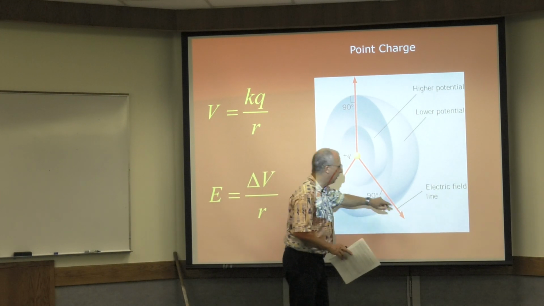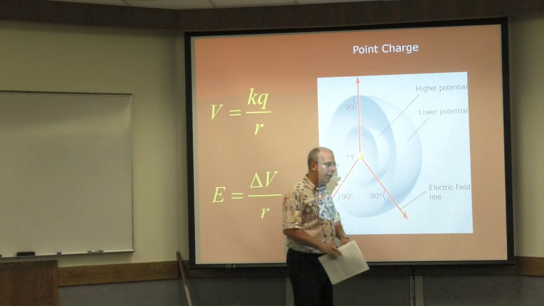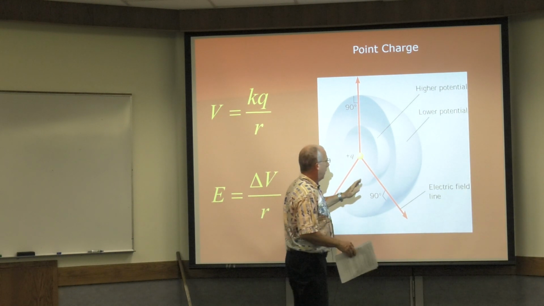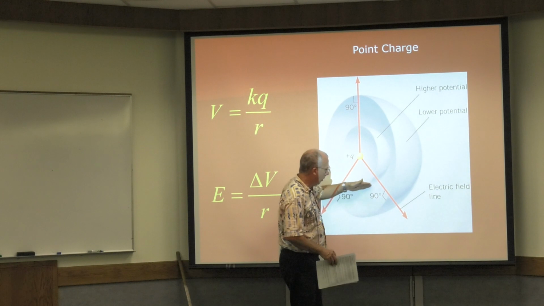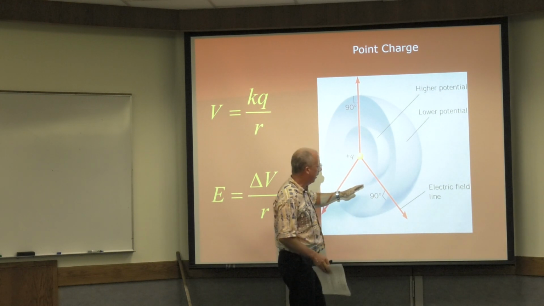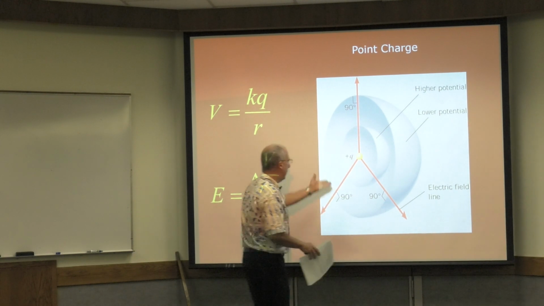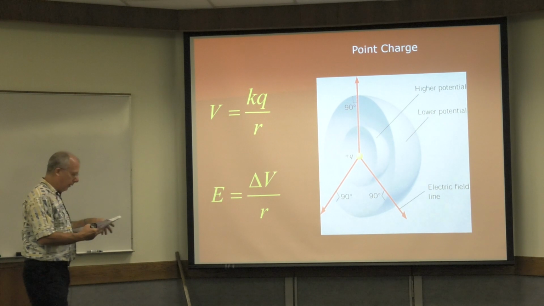Notice that the E field always points from high potential to low potential. So two things that we'll see in lab and talk about later. The E field lines are always perpendicular to the equipotential curves, surfaces, lines, whatever. And the E field line always points from high potential to low potential. It's easy to see with a point charge, and you'll see it in lab.